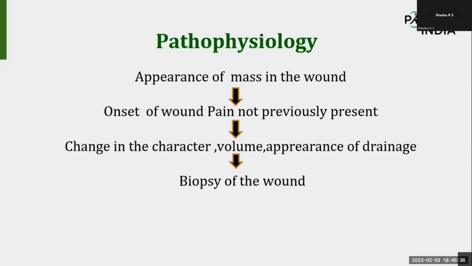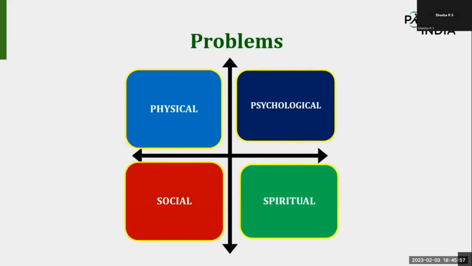If these kinds of changes occur, better to refer the patient to the surgeon or oncologist and find out whether the patient has a Marjolin ulcer or not. If they have a Marjolin ulcer, there is a chance of cure, so better to refer the patients for curative management.